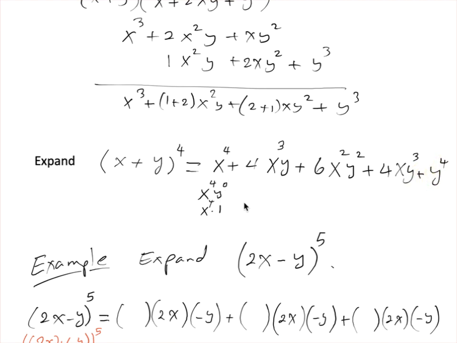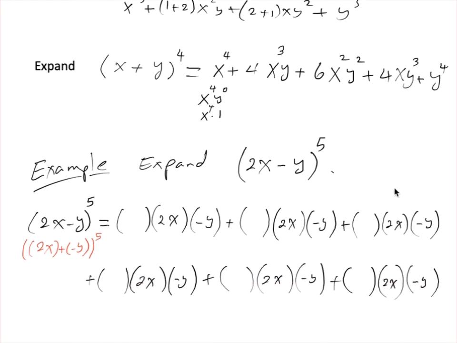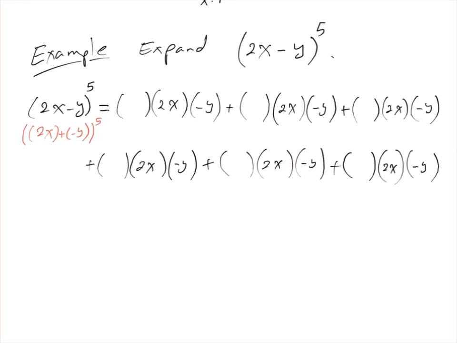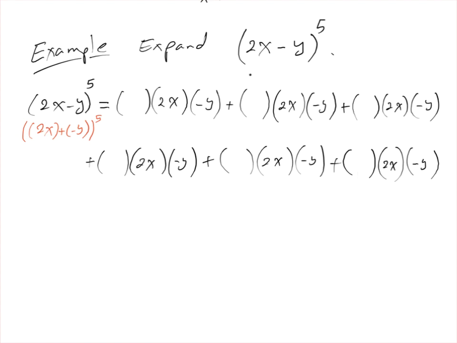Okay. And now here's an example. We're going to do 2x minus y to the fifth power, and we want to expand it. So first of all, there are coefficients to fill in, and also the powers. The two terms here are now 2x plus minus y. So the second term is minus y.